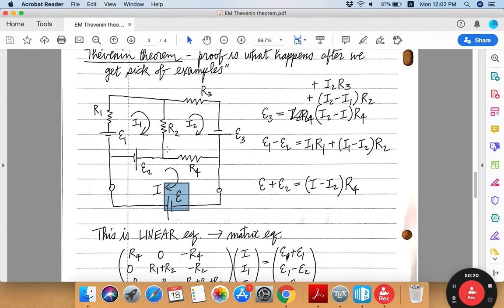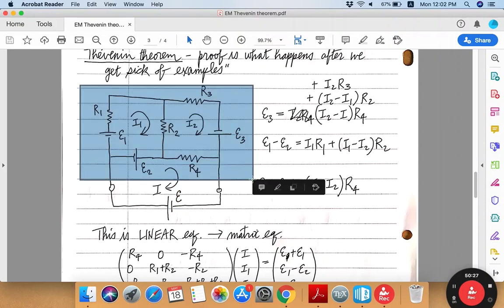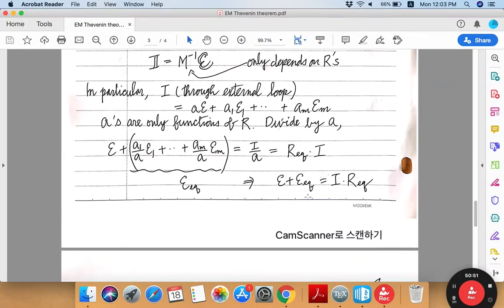And of course that makes sense because internally inside this black box, there may be its own power supplies. I mean, batteries and current generating sources. Okay? So whatever EMF that this black box is providing to the attached circuit is what's captured by this value of epsilon equivalent.